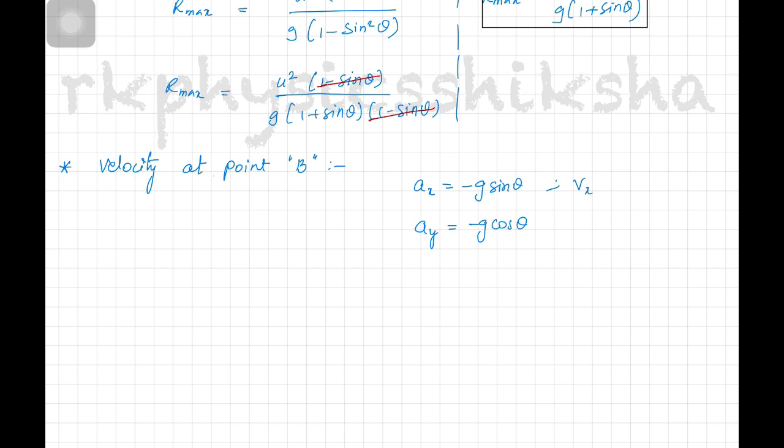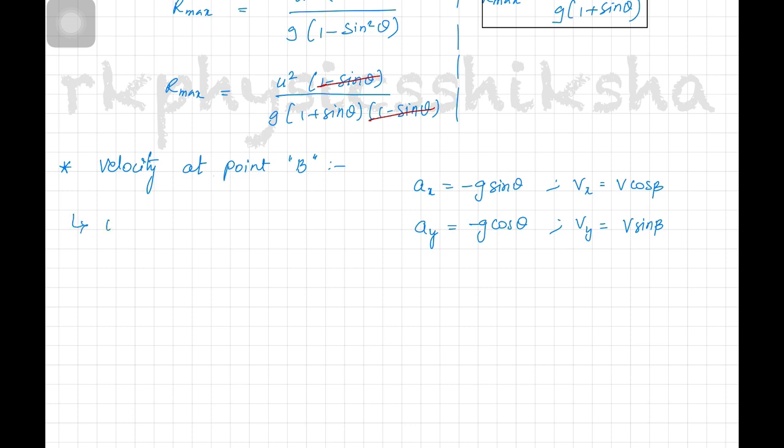Also vx is equal to v cos beta, and vy is equal to v sin beta. As the acceleration is changing, the final velocities at the point of striking the ground will also change.